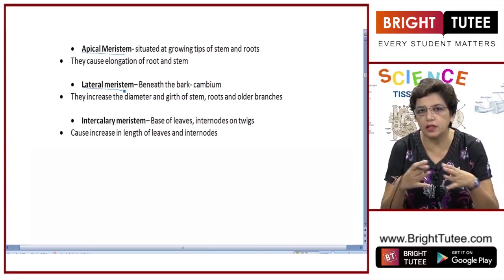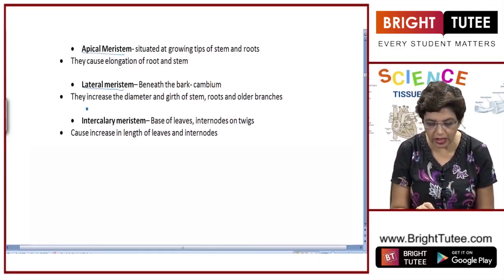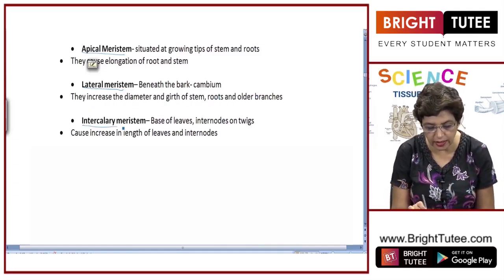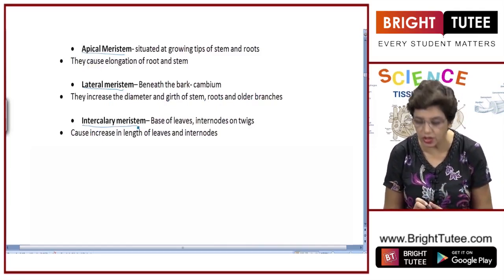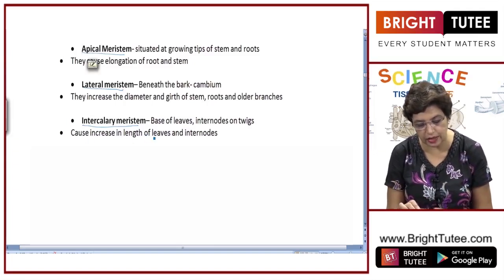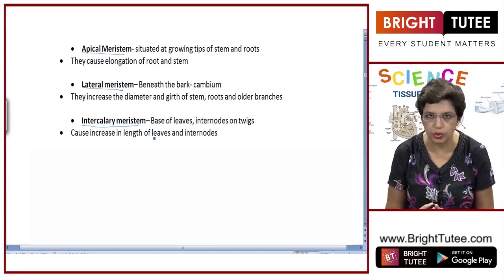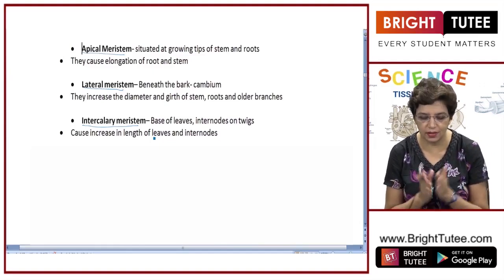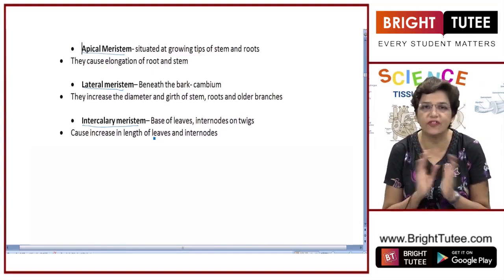As they divide, the diameter or girth of the stem and roots increases, so they increase the diameter and girth of the stem, roots and older branches. Third is the intercalary meristem. It is present at the base of the leaves and internodes on the twigs. They cause an increase in the length of leaves as well as the internodes, that is the gap between two nodes. So all these types of meristems are classified only by their location. Otherwise their function is the same: they cause cell division and growth.